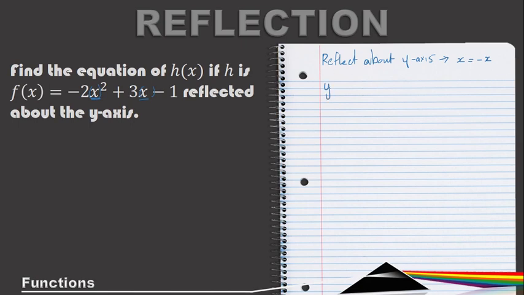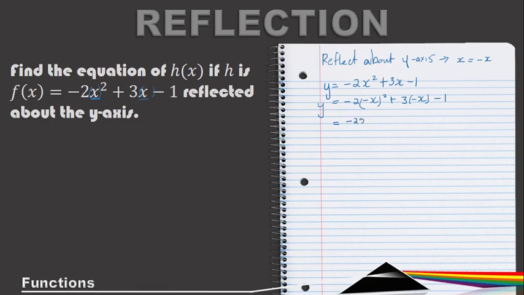So we have y is equal to minus 2x squared plus 3x minus 1. And then wherever we see x, we replace it with a negative x, squared, and in brackets, plus 3 times negative x, minus 1. Now to simplify this, when we square a negative number, it becomes positive.